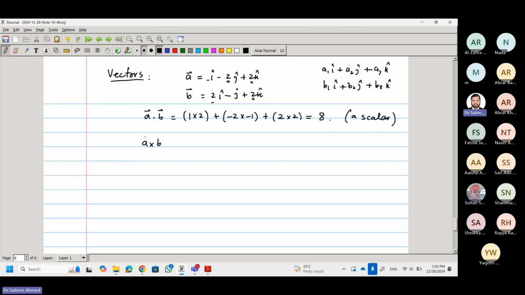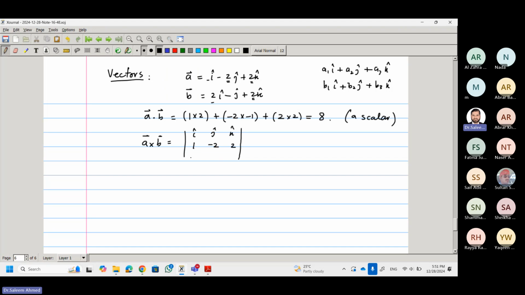The cross product of two vectors is a vector quantity, which is defined like this. You write ijk in the first row, then the components of A, 1, minus 2, 2, where components means the coefficients of i, j, k. And the second row has 2, minus 1, 2. Now you find this determinant, and it gives you a vector.